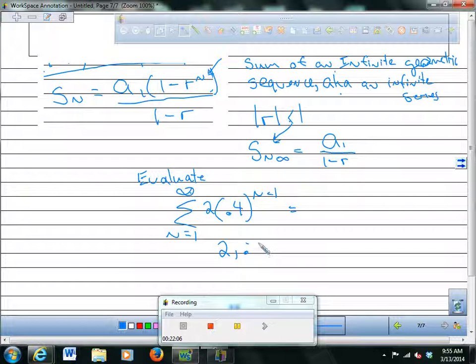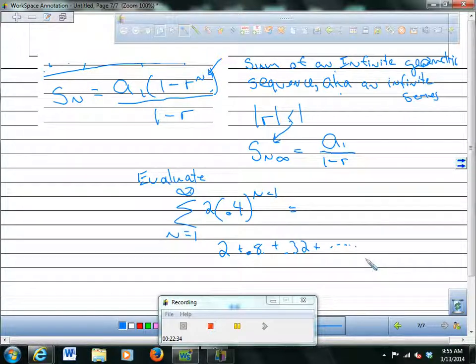And then if I want to add 2 plus 0.8, what would be next in this series? 0.8 times 0.4, what do you get? 0.32, right? Plus dot, dot, dot, dot, until you get to the very last term.